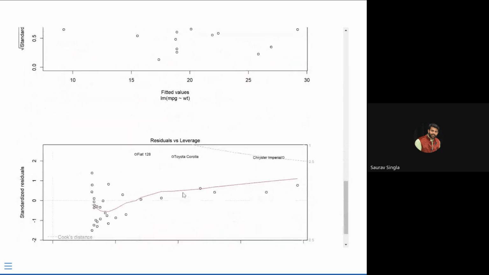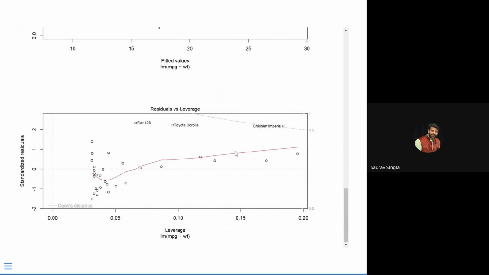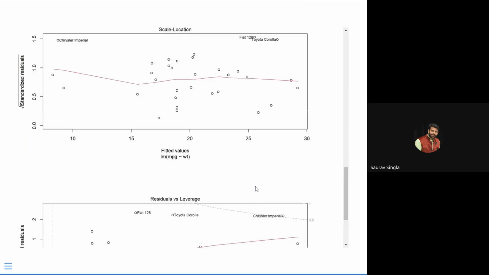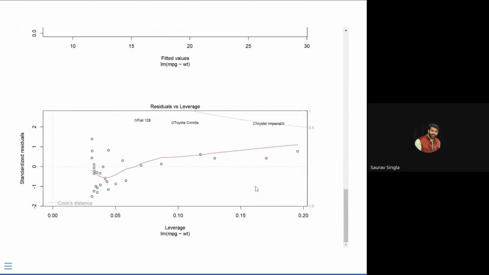And this is the leverage. There are a few points which are showing high leverage, that is, these points are causing a little bit of deviation in the parameter. That is not the topic of today's discussion. It's a very technical thing that we can discuss on some other day.